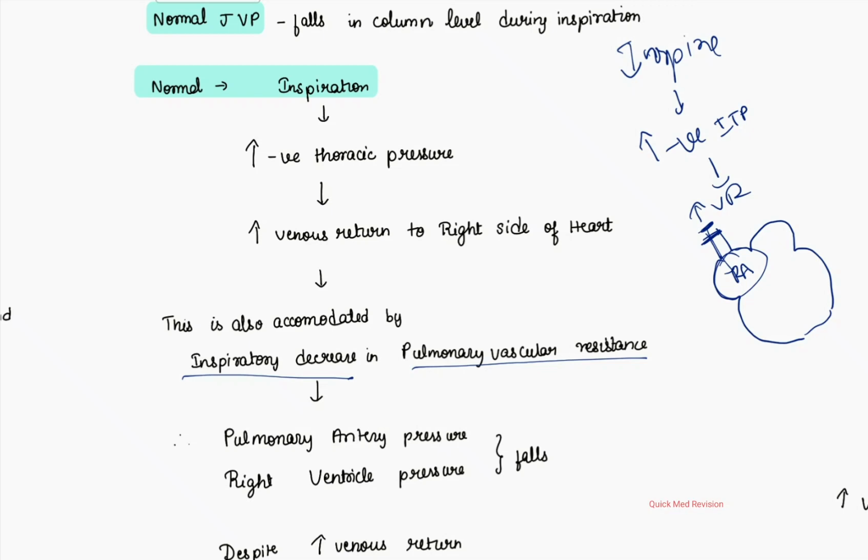So there will be a decrease in pulmonary vascular resistance. Therefore the pulmonary artery and right ventricular pressure fall despite increase in venous return. Despite the increase in venous return, there will be a fall in JVP level.